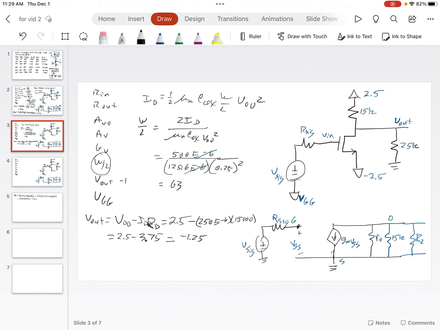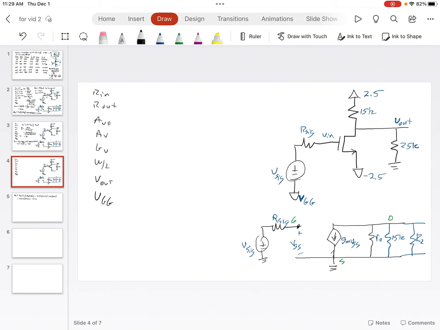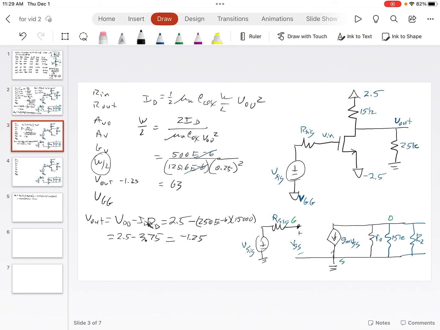So V out is negative 1.25. In fact, VDS would be V out minus VSS, or minus 1.25 minus minus 2.5. So we'd have a plus 1.25 for VDS.